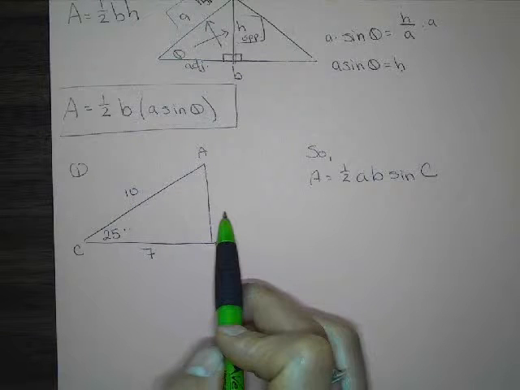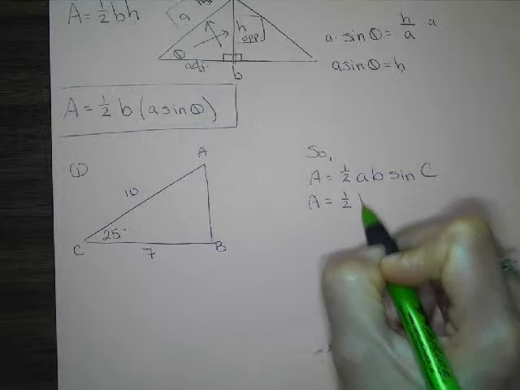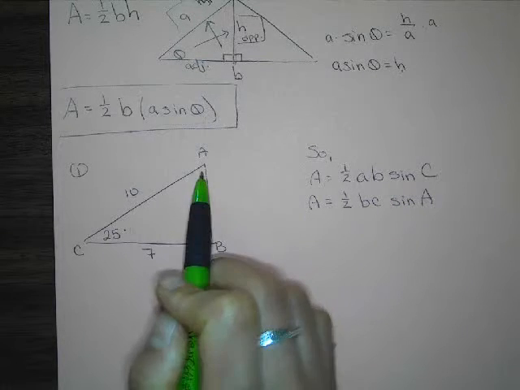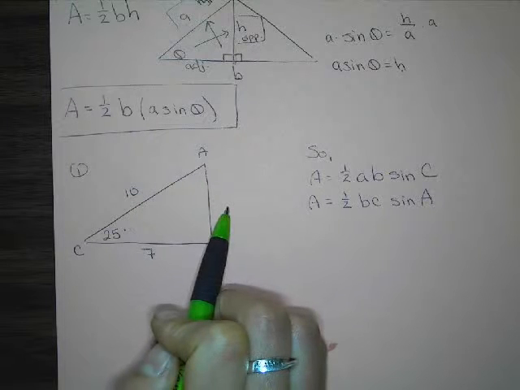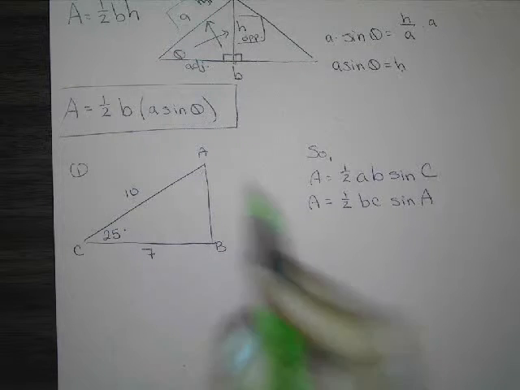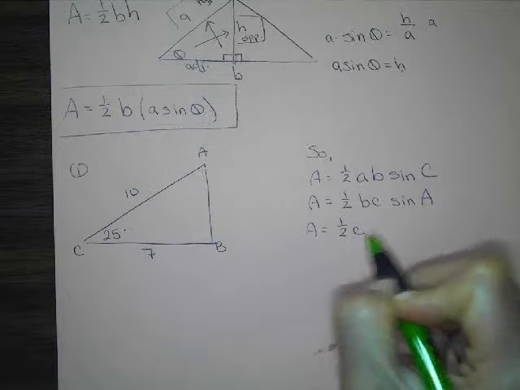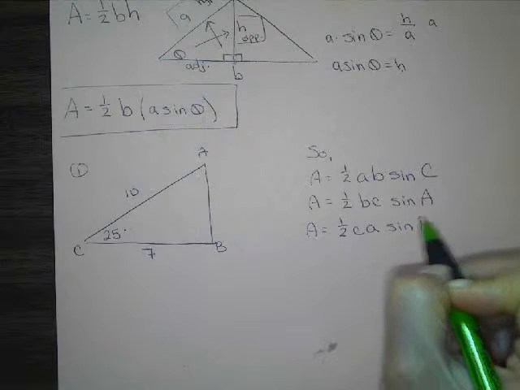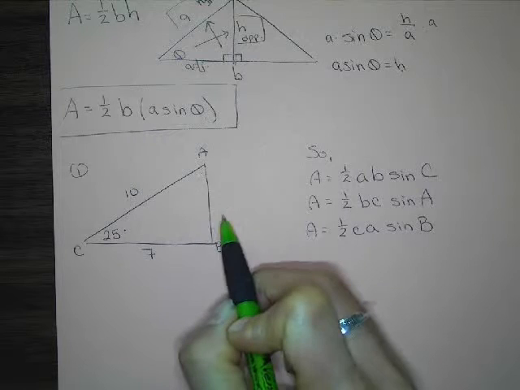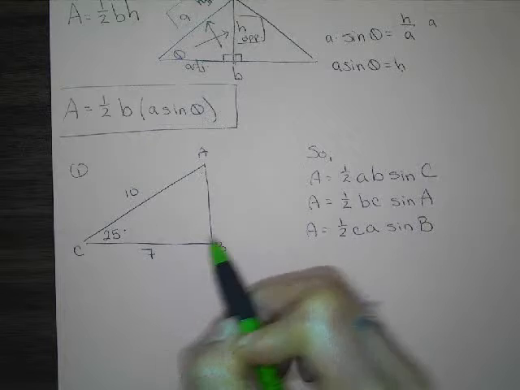So I could switch sides if I wanted to. If I were to do that, then I could have 1/2 BC with the sine of A. So I would have angle A and then just use the other two sides that surround to make A the included angle. And the last way to do it is A equals 1/2 CA sine of B, because if I have angle B here, I'm going to use these other two sides, since B will be my included angle.